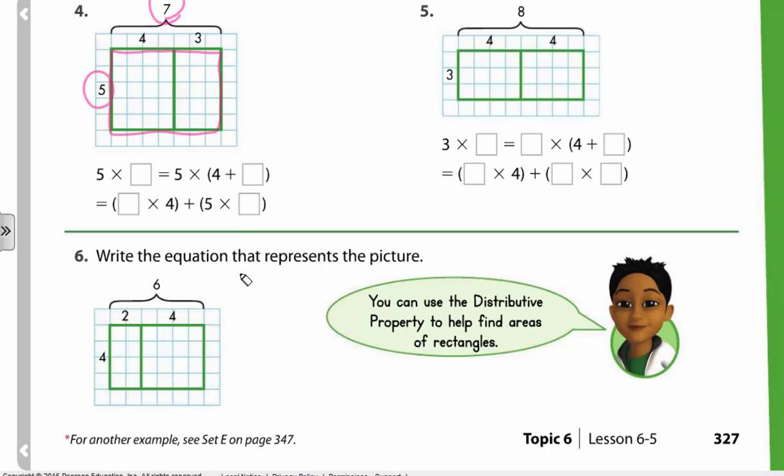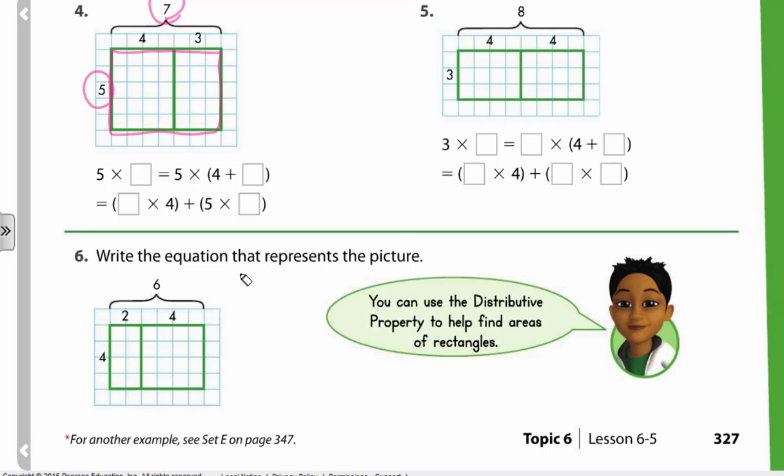The big rectangle, 5 times what? Look at my screen. Muhammad, question number 4.